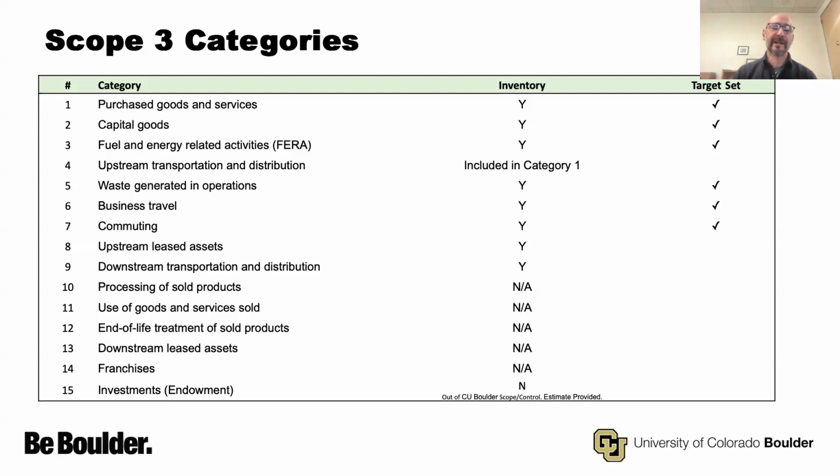But this first question about what's relevant for us and what isn't as a university was a really interesting internal conversation that we had. And you can see here the things that are in, the things that are out. So we wanted to be able to say, look, if something's an NA for us, we need to be able to explain why that is. If something's in our inventory but not a target, we need to be able to explain why that might be, right?